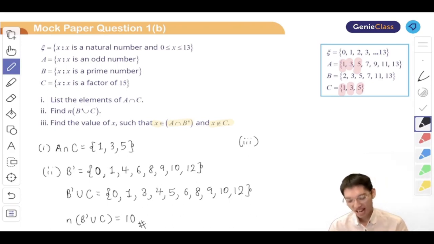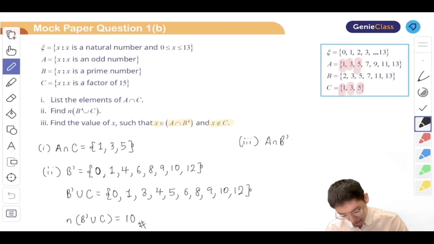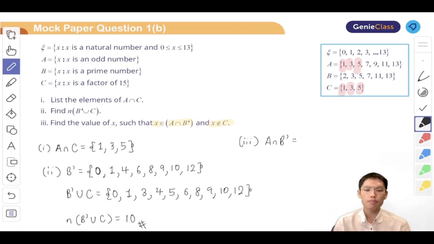We can do it. Alright, so A intersect B prime. Now, can anybody tell me what is a particular element in this particular intersection? A intersect B prime. What is the particular element that is important? I'll give you some time to write the answers. Very good, Denise.